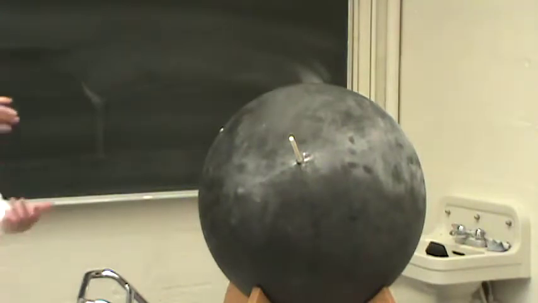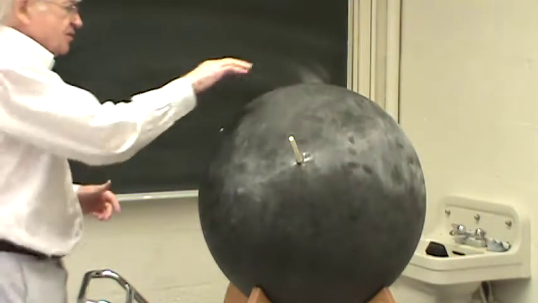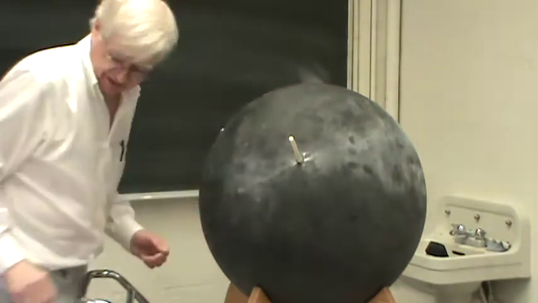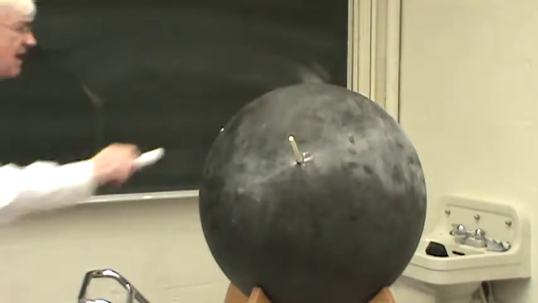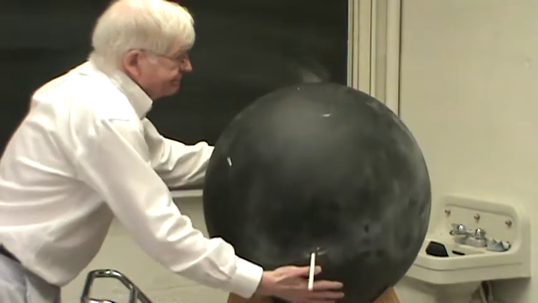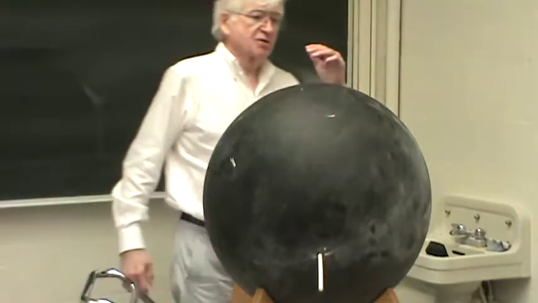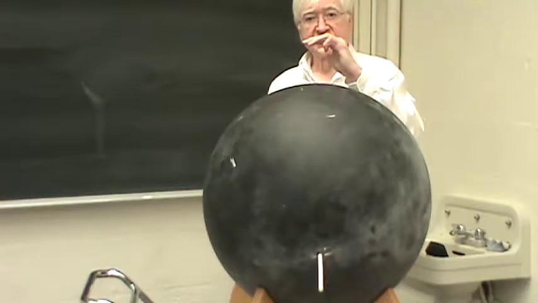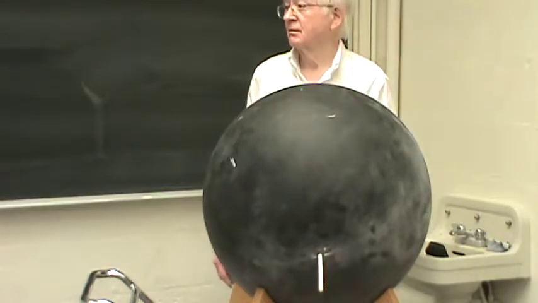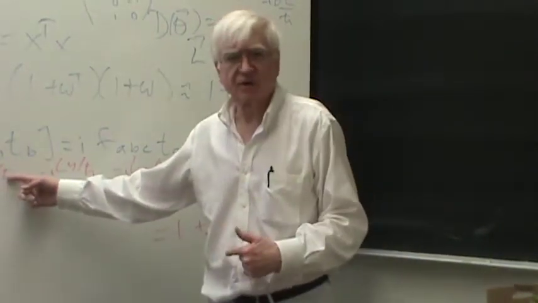Now I want to do a left-handed rotation about the x-axis. The x-axis is still pointing this way, so I'm doing a left-handed rotation about this one. Maybe I'll put a mark there. Okay, that's the left-handed rotation about the x-axis. Now I'm going to do a left-handed rotation about the y-axis. Oh, I made it wrong. I just did the left-handed rotation about the x-axis.